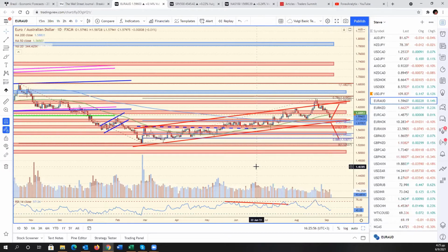In the case of the Euro-Aussie, I had to redraw this channel a couple of times as we were moving to the upside. And I have to tell you, I was looking at it yesterday while I was doing analysis, and I was realizing that if you really want, you can redraw it even a third time.